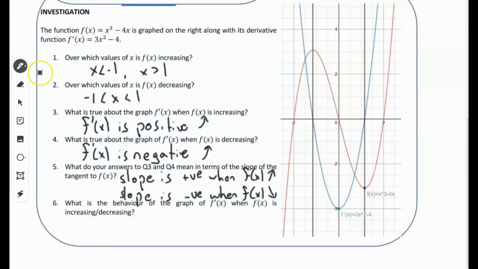Then we'll continue. And the last question says, what's the behavior of the graph of the derivative when the function is increasing or decreasing? So I've drawn these vertical black lines here, and I'm drawing over them in gold.